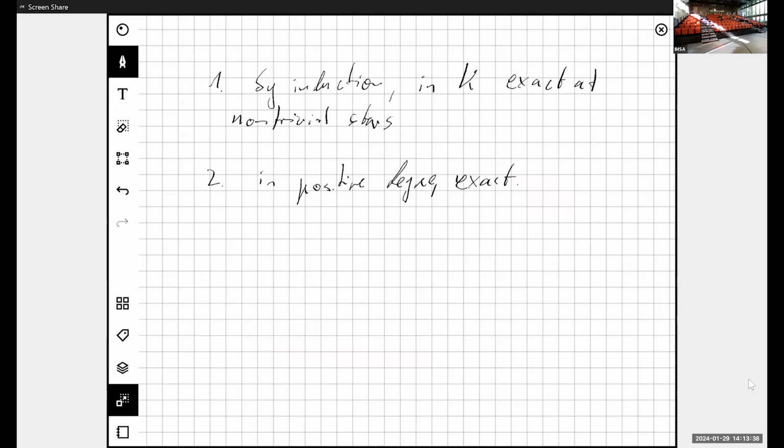Okay, and it turns out that now you have to juggle this around a little bit. You have to think about this a little bit.